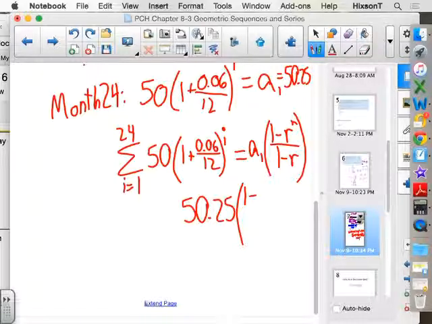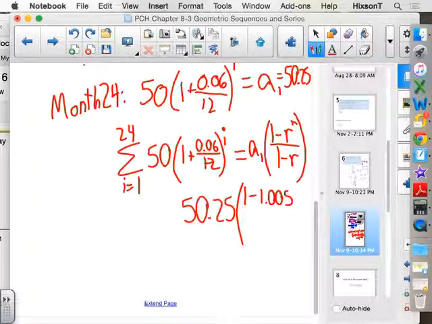What's the common ratio in this geometric sequence? 1 plus 0.06 over 12. 1 plus 0.06 over 12, this whole thing. Okay? If you were to simplify this, you would get 1.005. Okay? So do be careful about that. I'm glad you guys actually said that because it's really easy to make that mistake because this r is not the same as the original r.